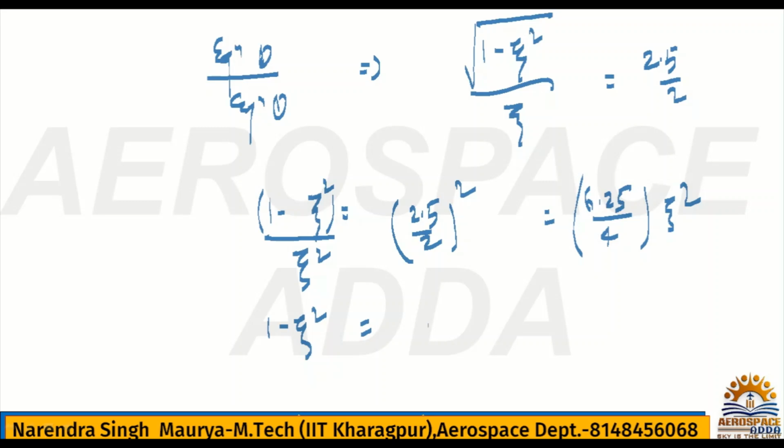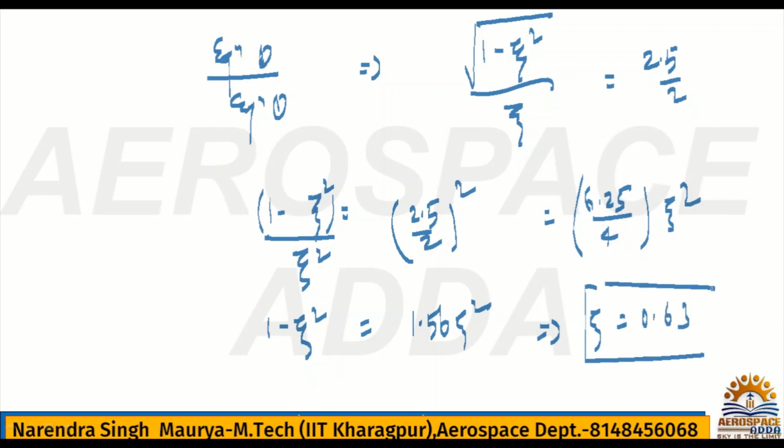It is 1.56. So 1 minus chi square equals 1.56 chi square. Now if you solve, chi you almost get 0.63. This is the chi value, which is nothing but the damping ratio.